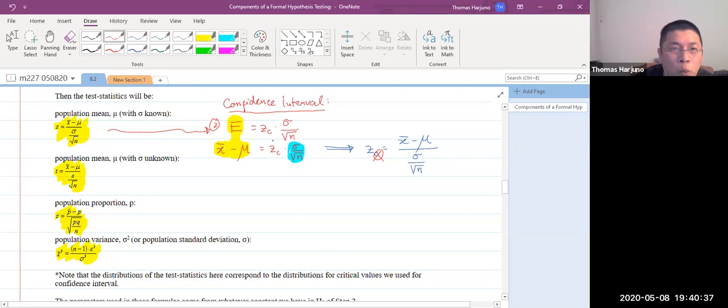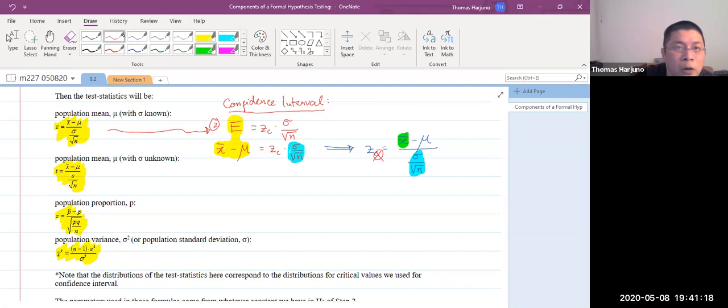Right now, we use this same formula. If you think about this, this is actually the z-score formula for sample mean, and this is the standard error for sample mean, right? So if you memorize the formulas or the structures of confidence interval in the previous chapter, then the test statistic is actually similar.